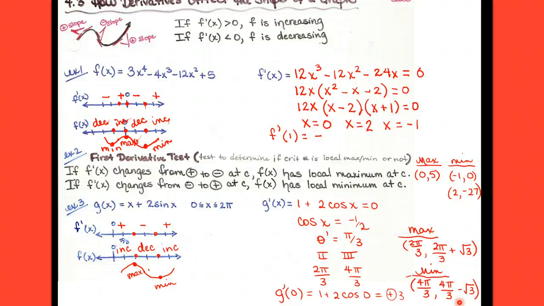So we've talked about how we can use the first derivative test to figure out where I have local maximums and minimums. But the first derivative test has a third part to it that'll help us figure out whether those critical numbers are maximums and minimums or not. We haven't had a way to do that. We've had to graph the thing to figure that out.